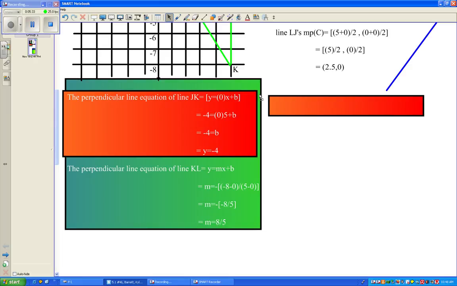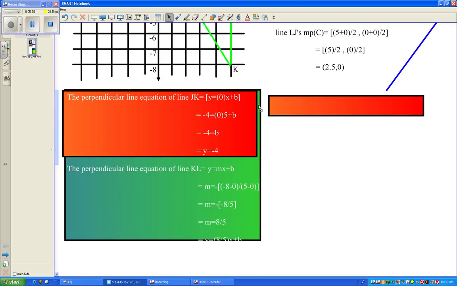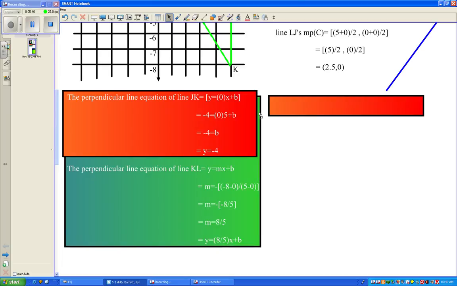So that equals m equals 8 over 5. Now we're going to plug that into the equation, and that's y equals 8 over 5 x plus b.